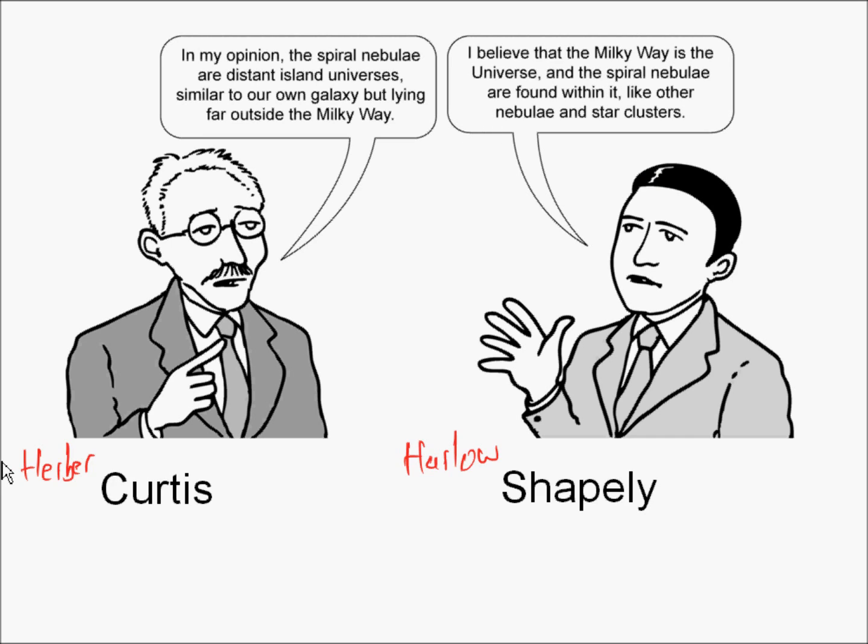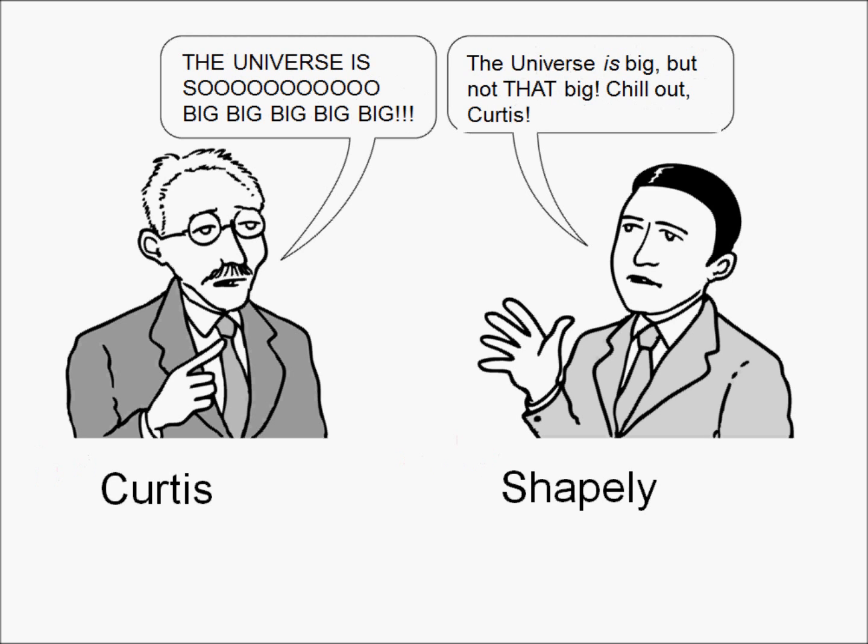But Herbert Curtis, he thought that spiral nebulae were actually distant island galaxies. So each of those nebulae was a galaxy in its own right, very far outside of our galaxy, and that the universe was made up of loads of these.